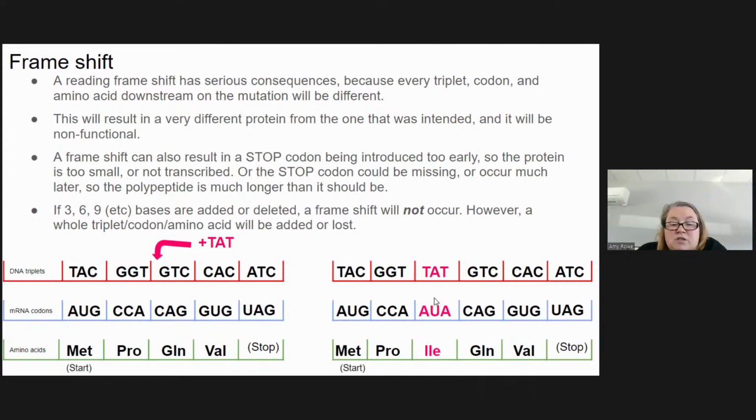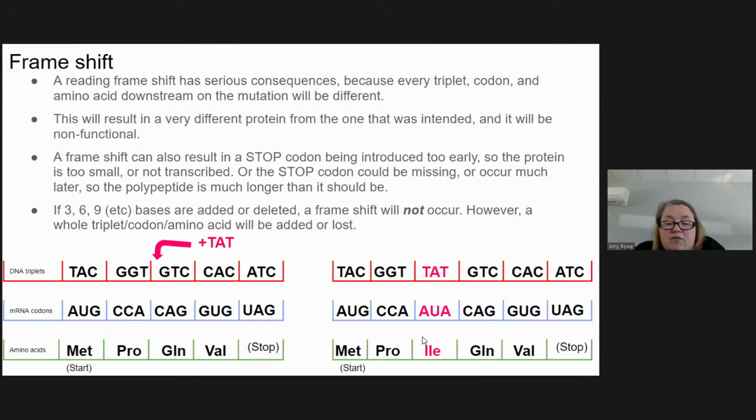This results in inserting a new codon and inserting a new amino acid. And this may still have serious consequences for our protein. It may not function as it should, or it may have reduced functionality, but it's certainly not as serious a consequence as a whole reading frame shift.